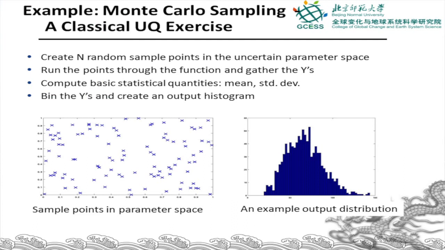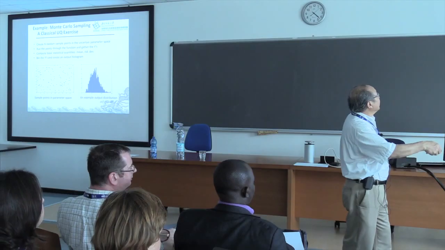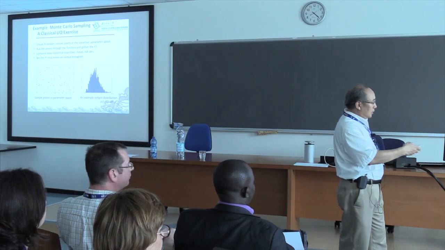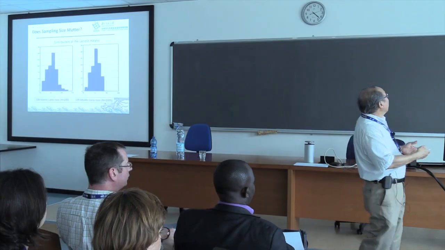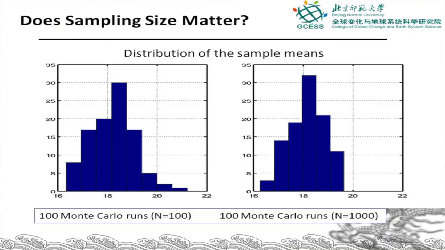The reason we use this kind of design is that it can help us understand the stochastic property in the domain. For instance, we use Monte Carlo to try to understand the average of this domain. This is the histogram, and suppose right now we want to understand the mean of that field.